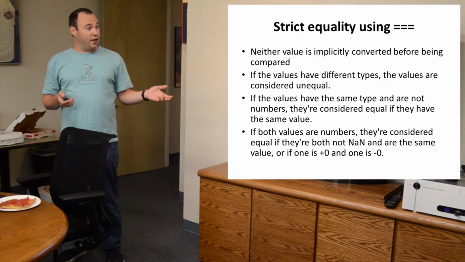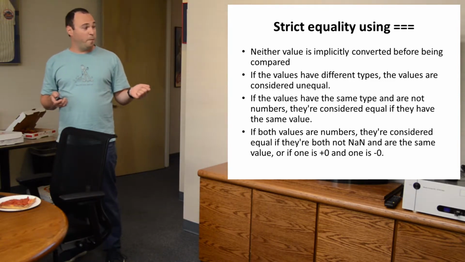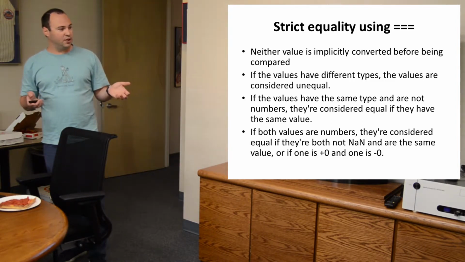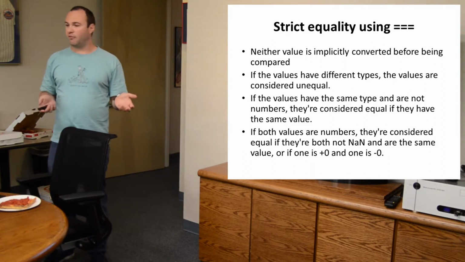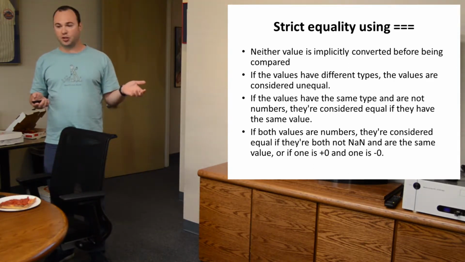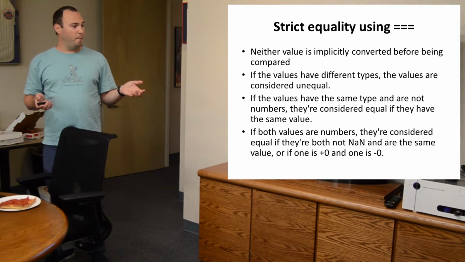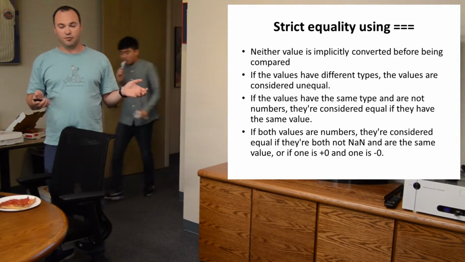So strict equality, using the triple equals, basically the concept is that there is no conversion happening when you're using the triple equals, which is different from loose equality.